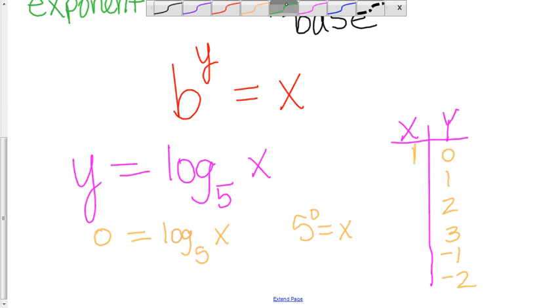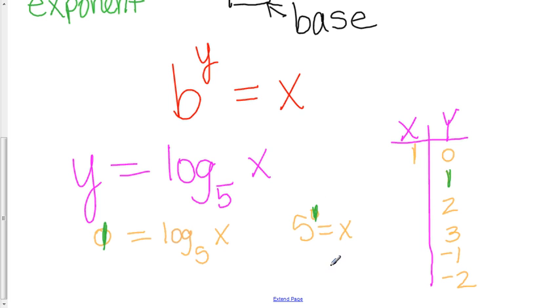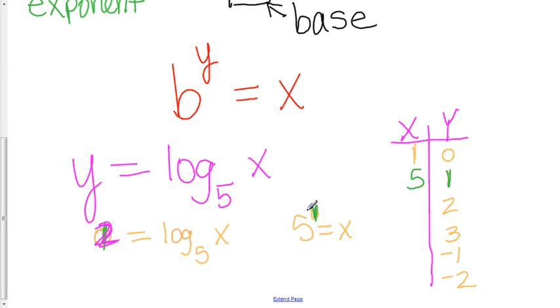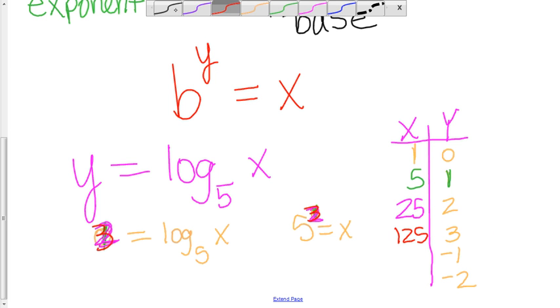Now if you try a 1 and put that here, you would have 5 to the first power equals x, and 5 to the first is 5. When you try 2 here, then you're saying 5 to the second equals x, and x would be 25. At 3, that's 5 to the third, 125, so (125, 3). And then when you go to -1, 5 to the -1 is 1/5.